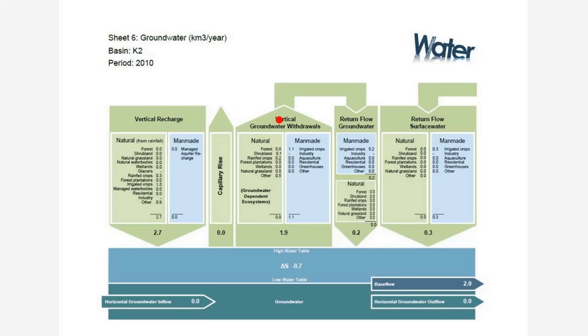And then part of this withdrawal might come back. So you will have some return flow to groundwater and also some return flow to groundwater because of surface water abstractions. Then we have estimation of base flow. This is calculated by the soil water balance model, and we can monitor the storage change. And then you can have, for example, this every month or every year and check the trends of this.